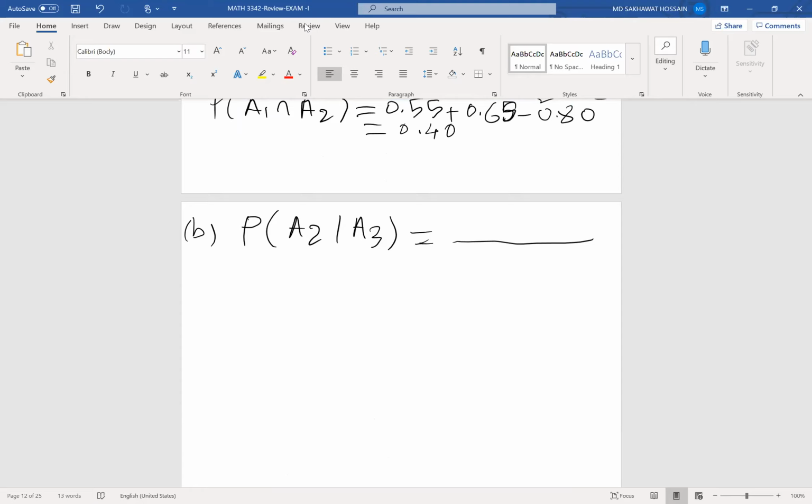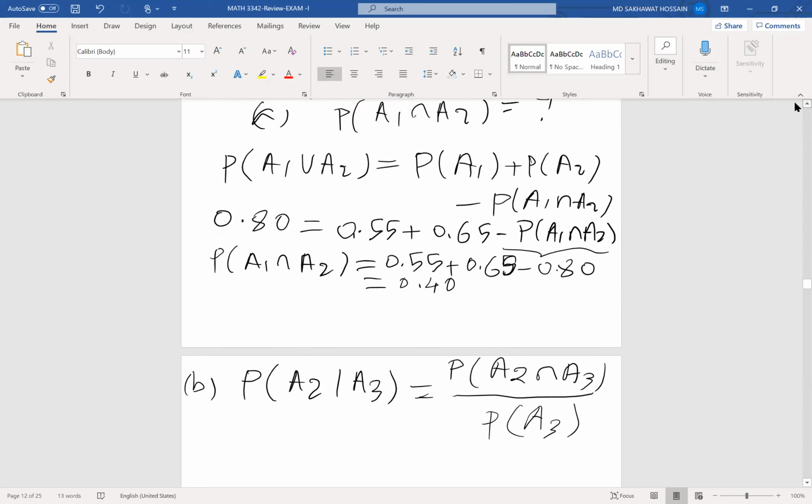What should we write in the denominator? Yes, the probability of A3, because the given event is A3. And in the numerator, it will be the intersection of A2 and A3. Now the question is whether the intersection of A2 and A3 is given or not.